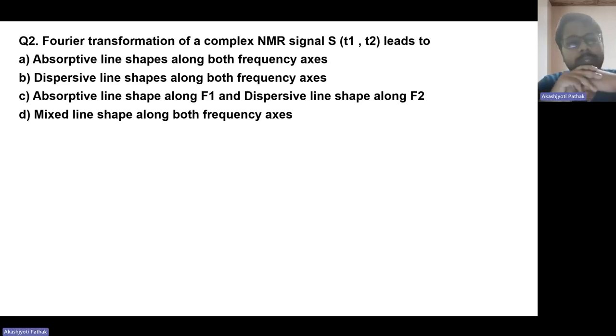So we had discussed the absorptive line shape and dispersive line shape in week 4 or week 5, in detail, about the free induction decay and how we convert this time domain into frequency domain, and on conversion what the absorptive line shape is and what the dispersive line shape is. If you remember the lecture, this question is based on that concept also, and also on this concept.